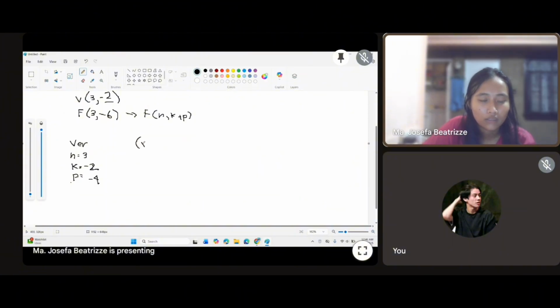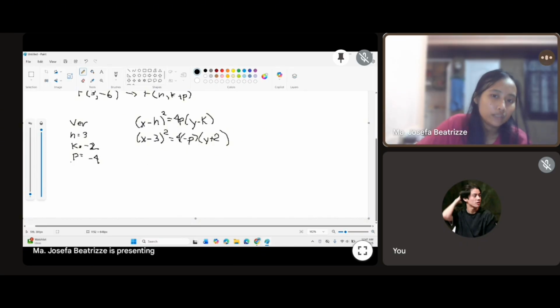So now let's put the value of our p. So now let's try to write down our vertical parabola formula. (x minus h) squared is equals to 4p (y minus k). And then let's just use our values. So let's just substitute them. (x minus 3) squared is equals to 4, our p is -4, multiplied by (y minus k).